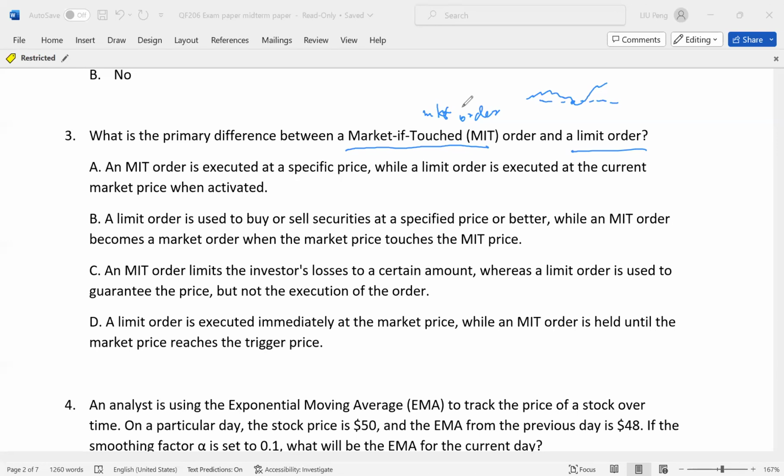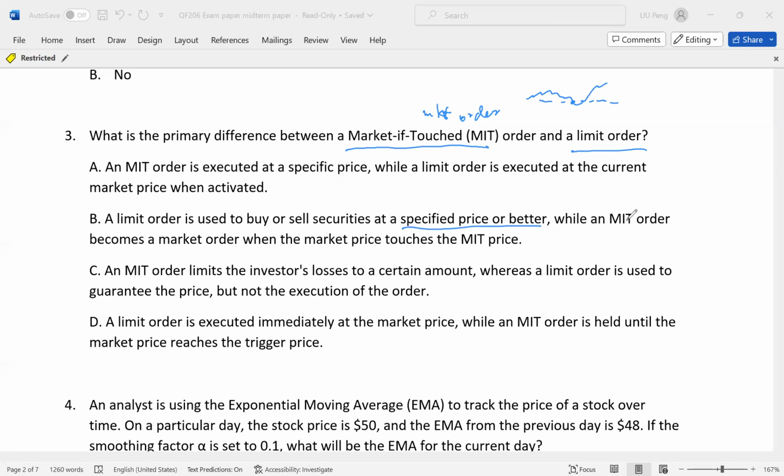Okay, so let's look at the options we have. The first one says MIT order is executed at a specific price, which itself is not necessarily true because that's what limit order does, right? The second option says limit order is used to buy or sell securities at a specified price or better. That's correct, specified price or better.